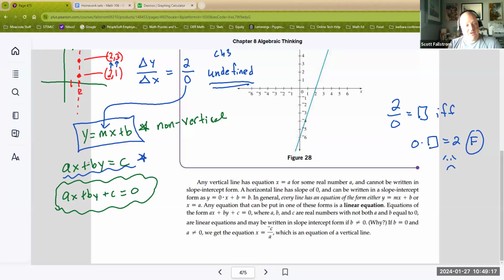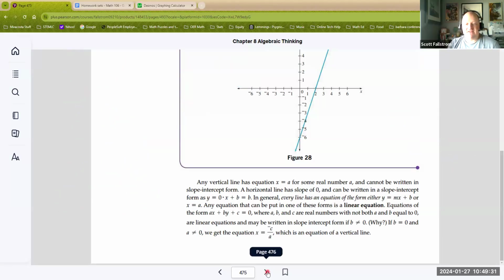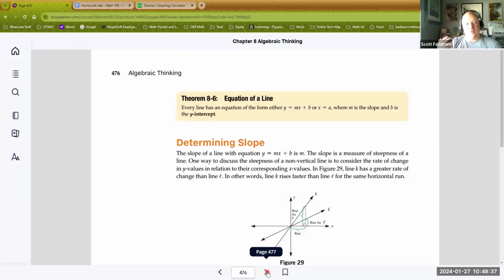Well, the bottom one right here allows you to have vertical and horizontal lines, whereas the top one excludes the vertical lines. So that's why. In math terms, sometimes you're like, oh, well, that makes sense. Yes, it's so much easier if we could just use one. But unfortunately, we use one that's the quick and easy way, and then we have to say, but wait a minute, we can't use it all the time. So we give you a second piece there.